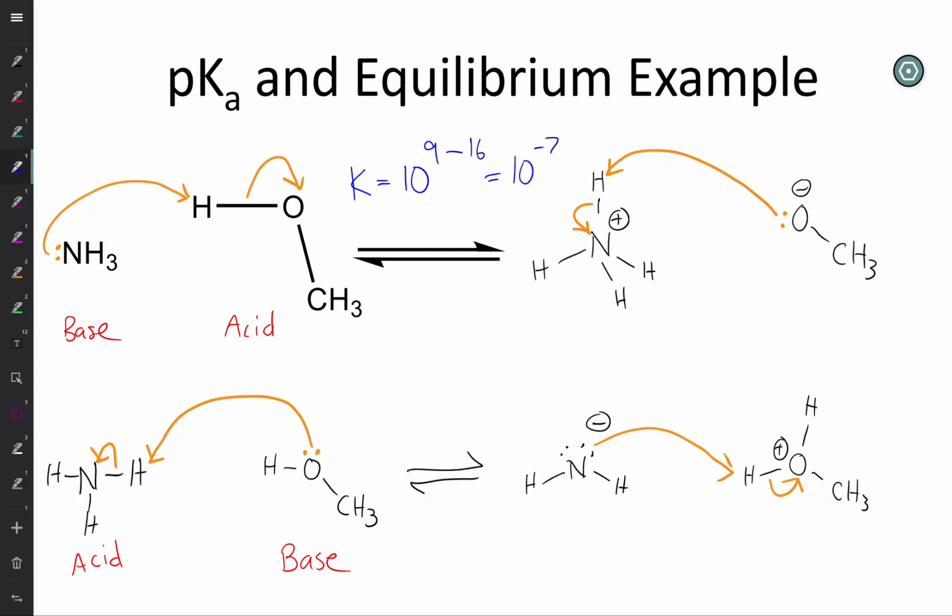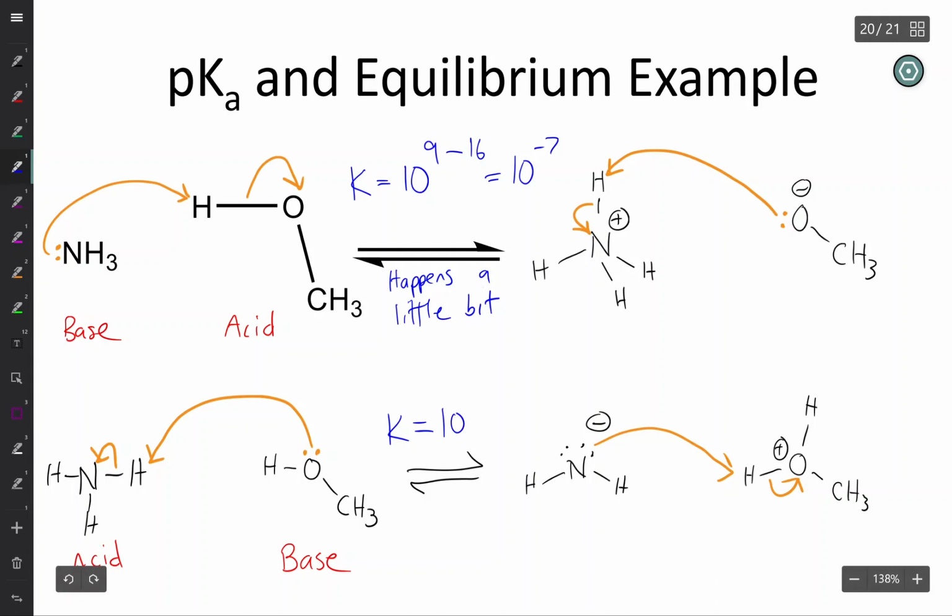All right. So this first reaction happens a little bit, is what I would say. What about the second reaction? What's the acid on the right side in the second reaction?